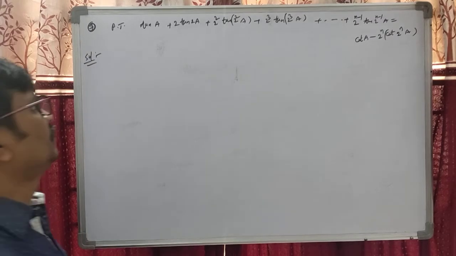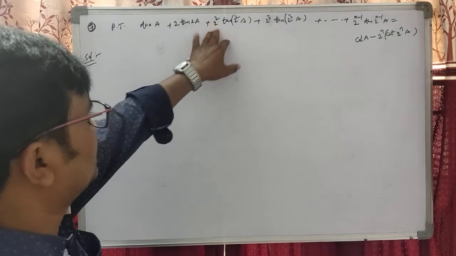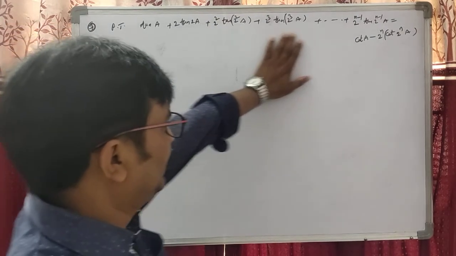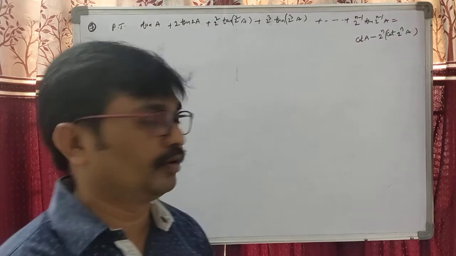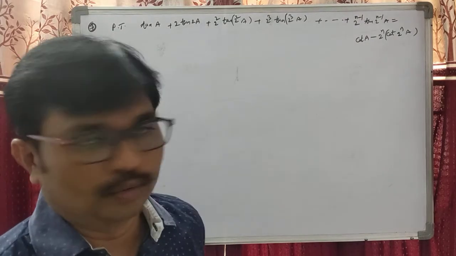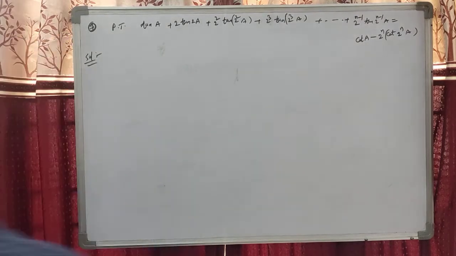My dear students, tan a plus 2 tan 2a plus 2 square tan 2 square a and so on up to 2 power n minus 1 tan 2 power n minus 1 a equal to cot a minus 2 power n into cot of 2 power n into a.